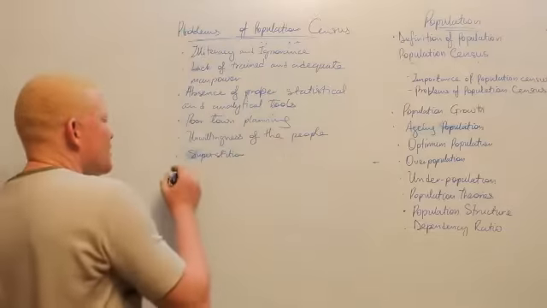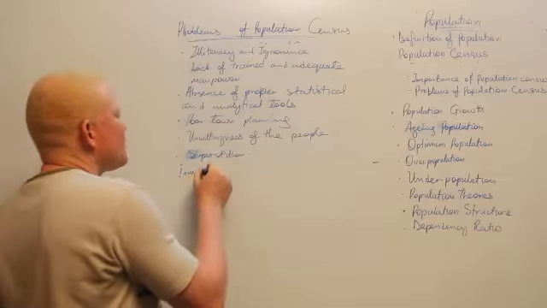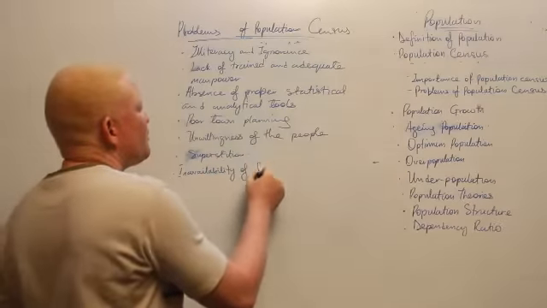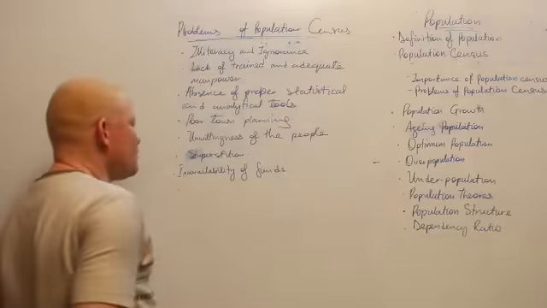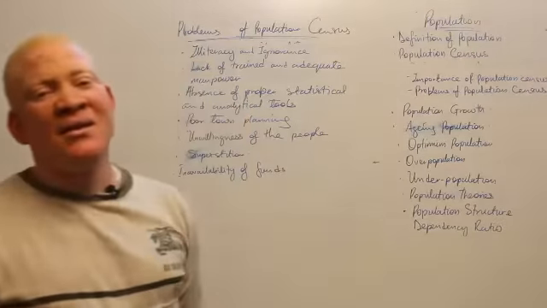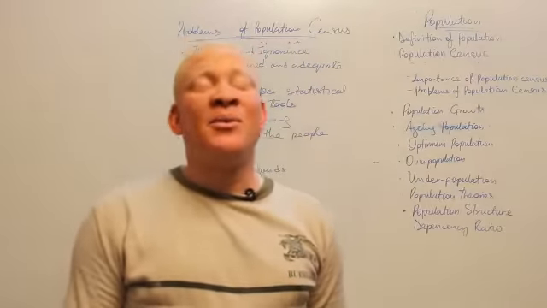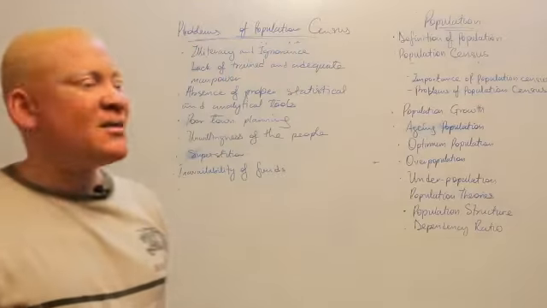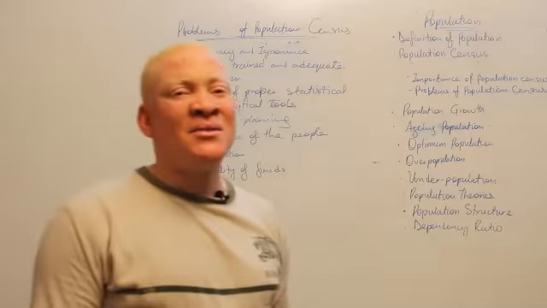We also have the case of unavailability of funds. Now, population census costs quite a lot, and it means you cannot just conduct it without having adequate funds.